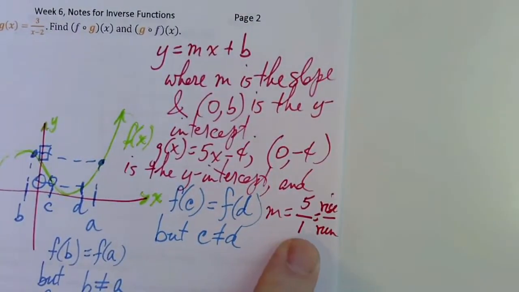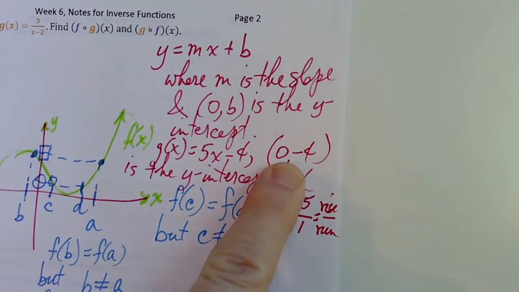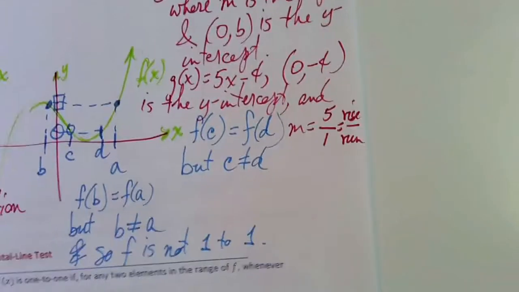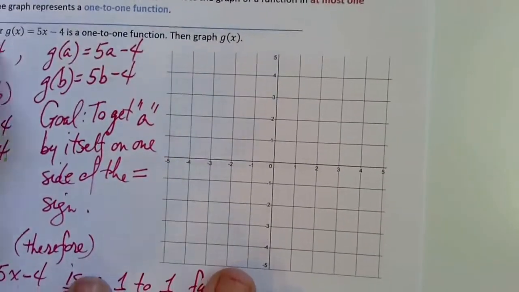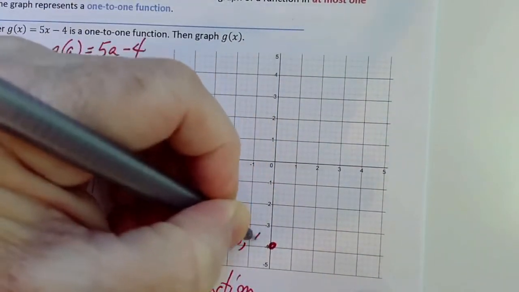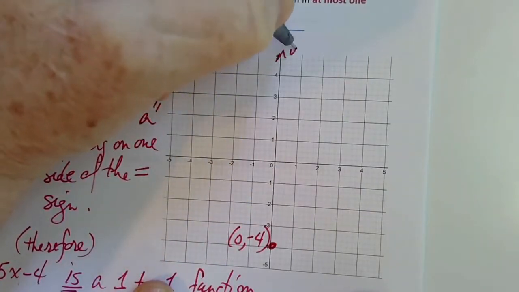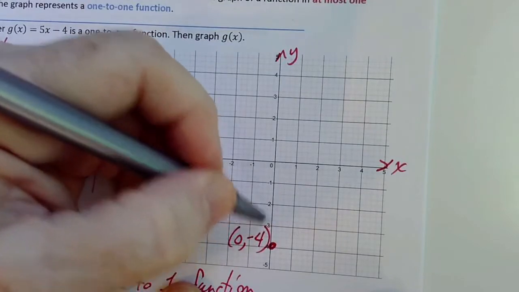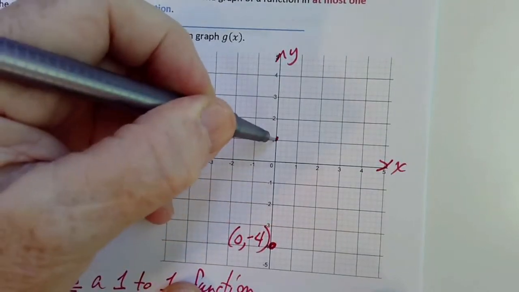That means I'm going to start at the y-intercept, 0 comma negative 4, go up 5 from there, 1, 2, 3, 4, 5, and to the right 1.